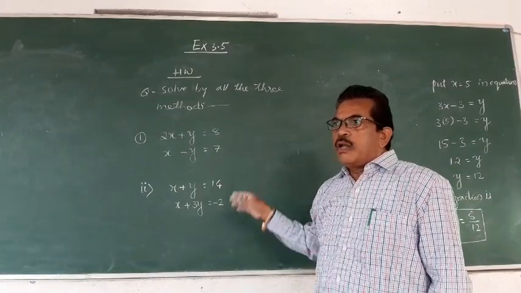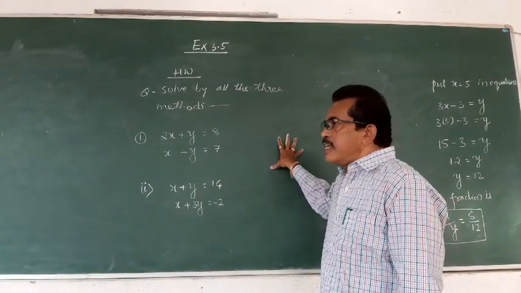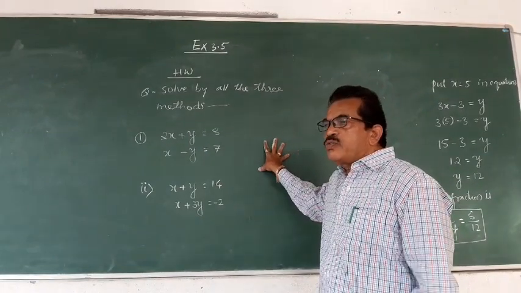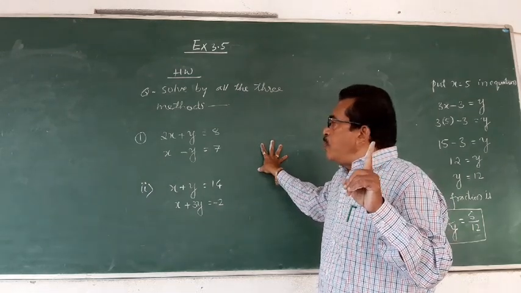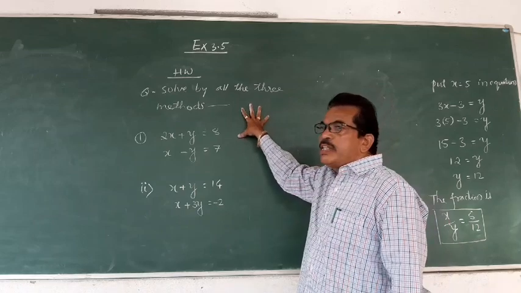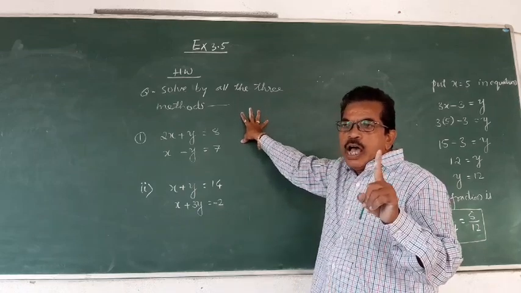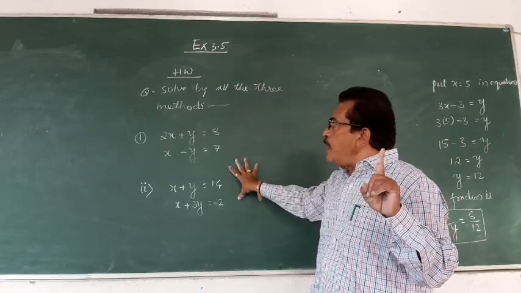See, almost all we have completed the exercise 3.5. That takes one more day, but I want to know whether you have practiced all the three methods or not. So I have given you two problems.